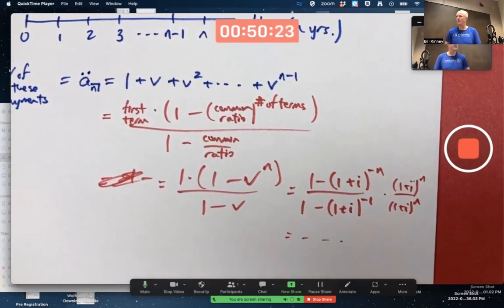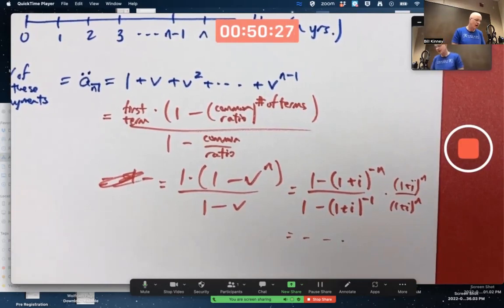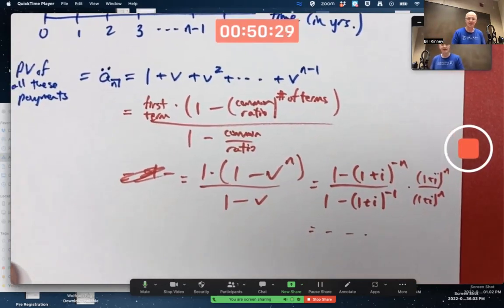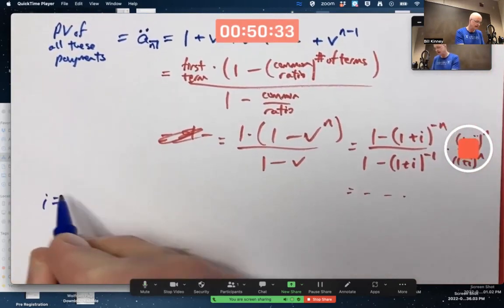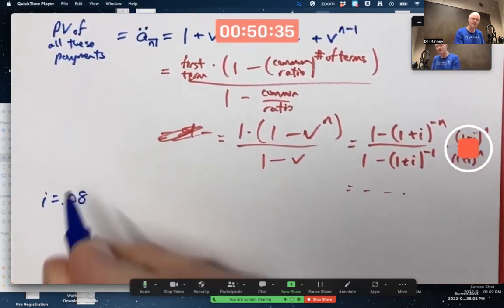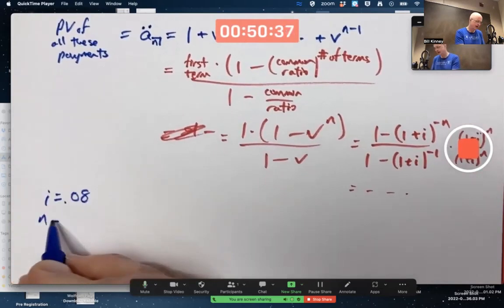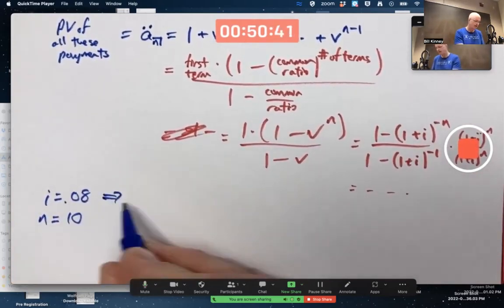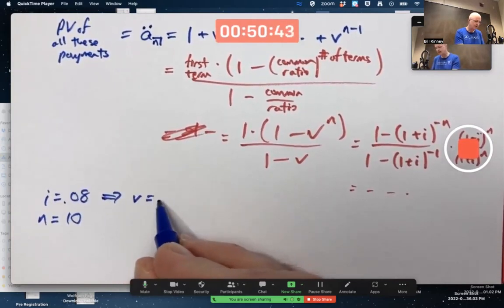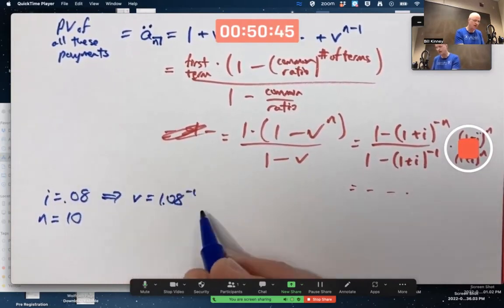There are various kinds of ways you could write it. So if you know what i is, you can figure this out. I think in the homework, i is 0.04. Let's pick something else like 0.08. Pick something for n like 10. We could figure out v is 1.08 to the negative 1 power.